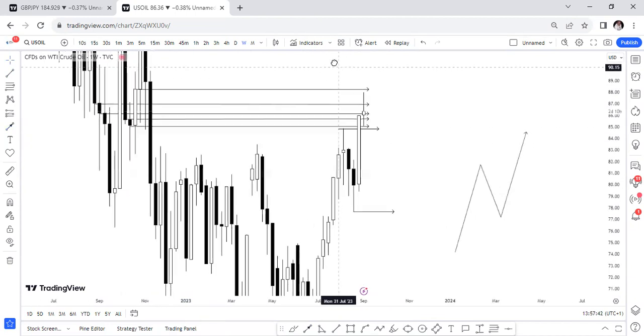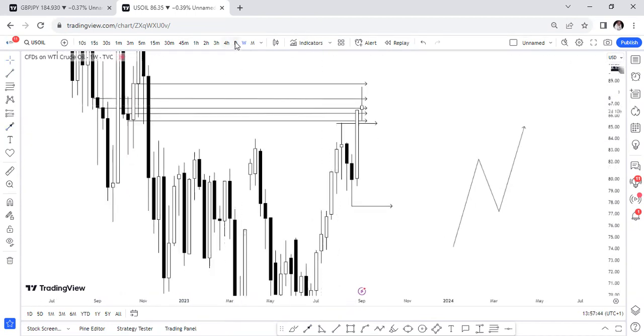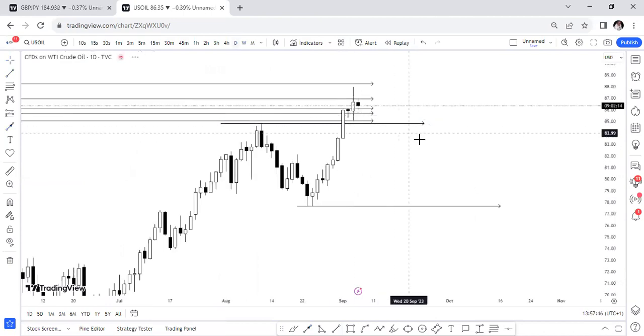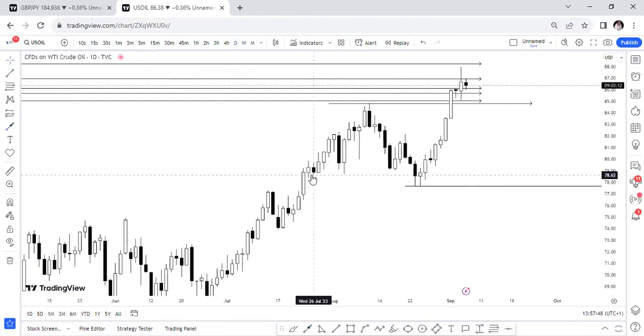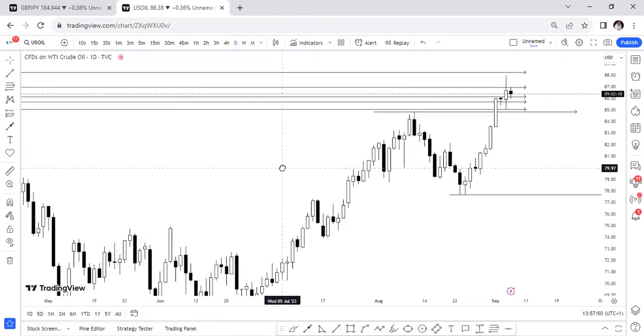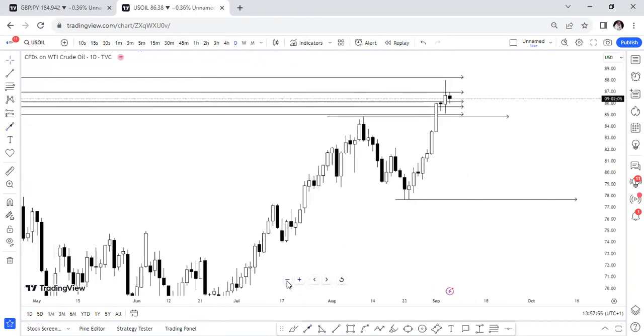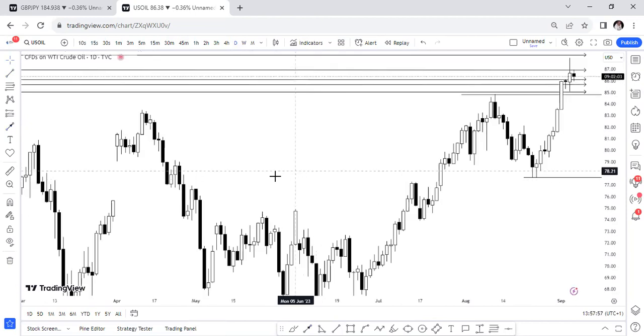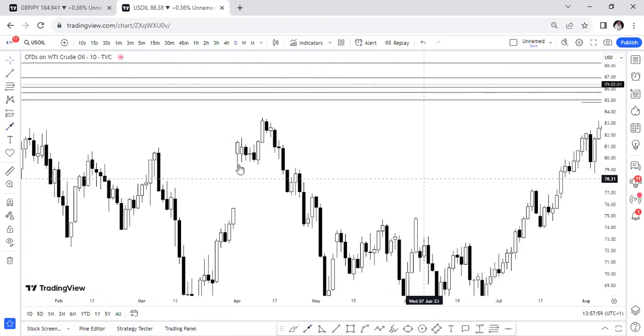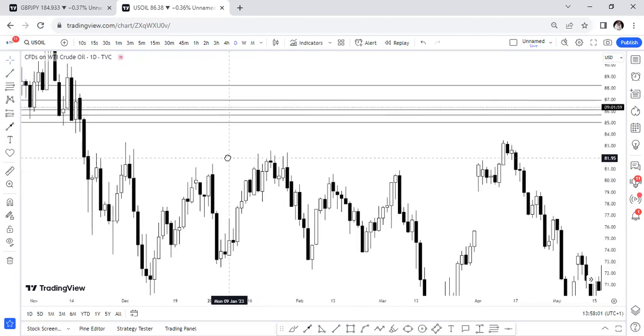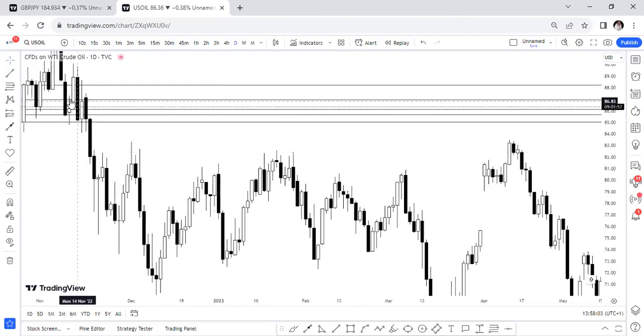If we take this down to daily charts, see at each level here, there will be a reaction. So likely going to be here where this is coming from.